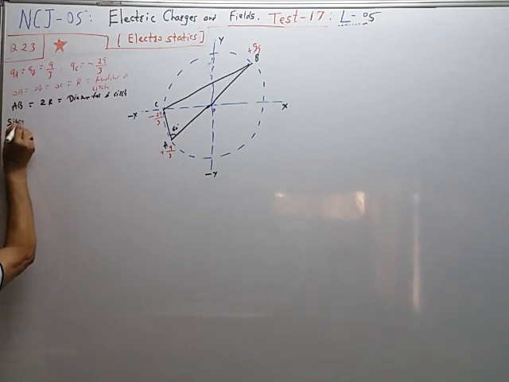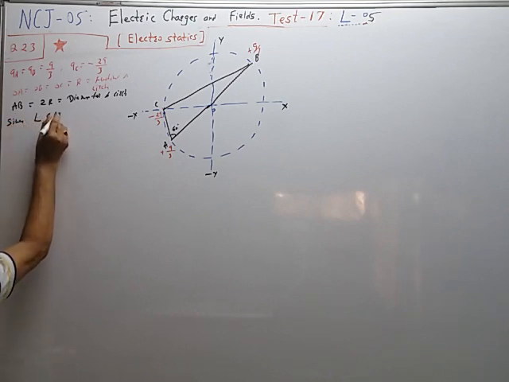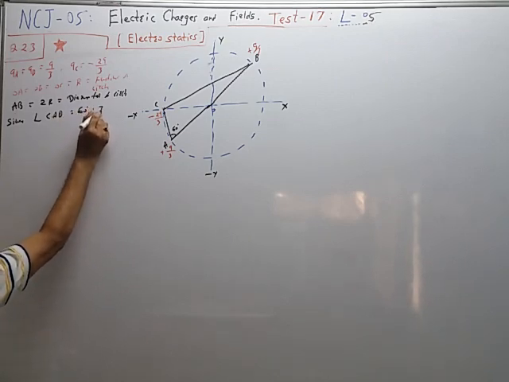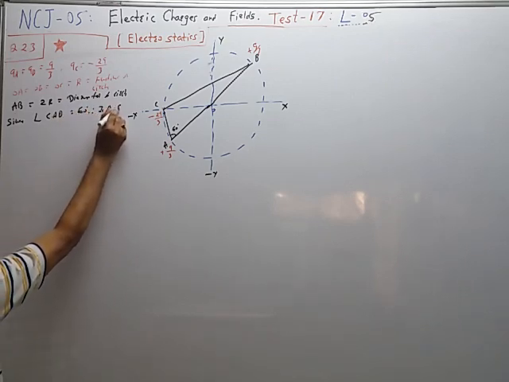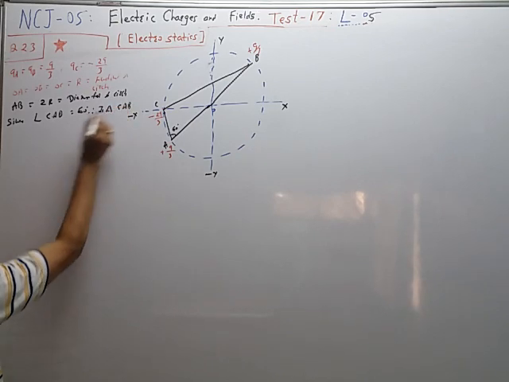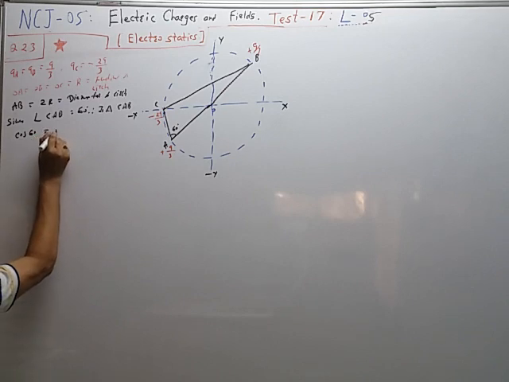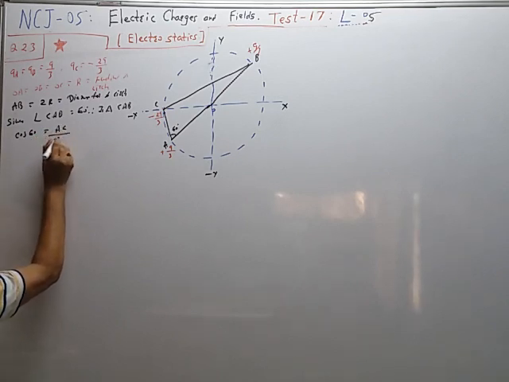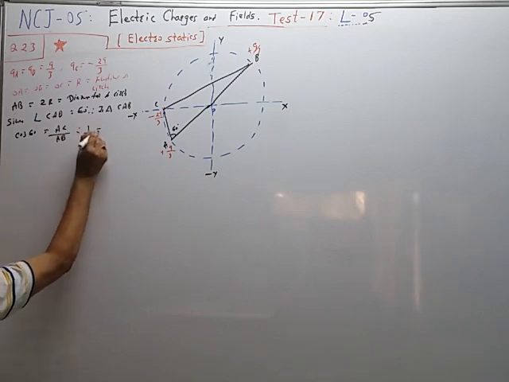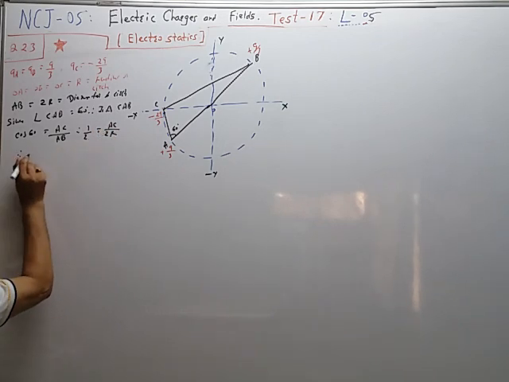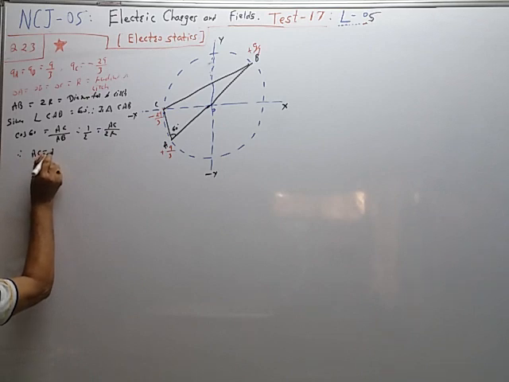Since angle CAB is equal to 60 degree, therefore in triangle CAB, cos of 60 is equal to AC upon AB. Cos of 60 is equal to 1 half. AC upon AB is equal to 2R. So therefore AC is equal to R.